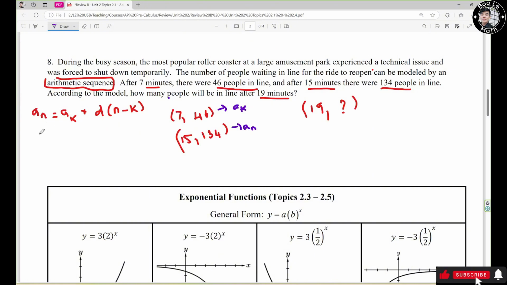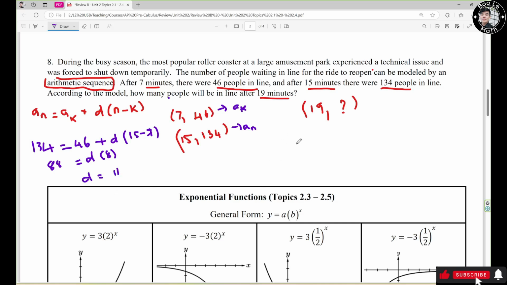So we have 134 equals 46 plus d times 15 subtract 7. We need to subtract 46 from both sides. So it turns out to be 88 equals d times 8. Divide both sides by 8, so d equals 11.